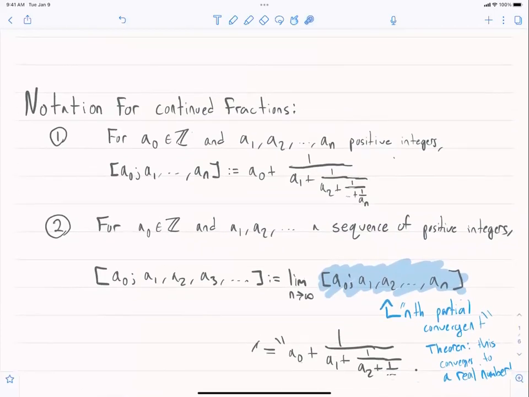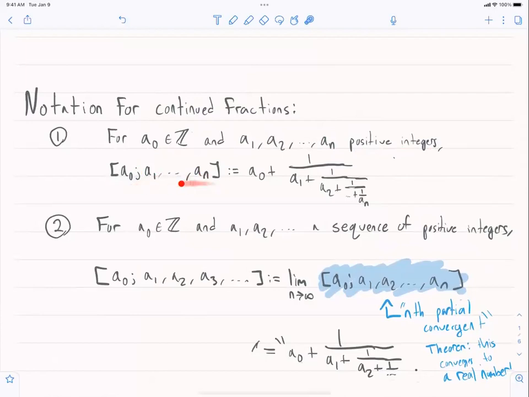So I just wanted to introduce some notation to make it a little bit easier to talk about them. So if I have an A0 in Z, and then a list of n positive integers, so just A0 can be any integer, but A1 through AN are going to be positive integers. Then I denote by this notation with brackets, and then A0 is set off with a colon, then A1 through AN are just set off with commas.